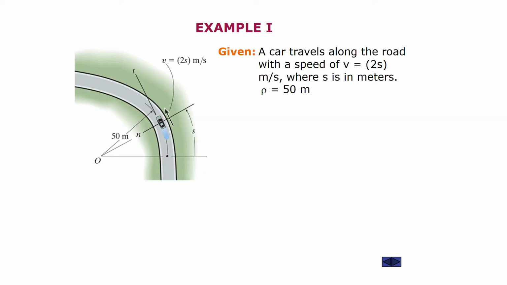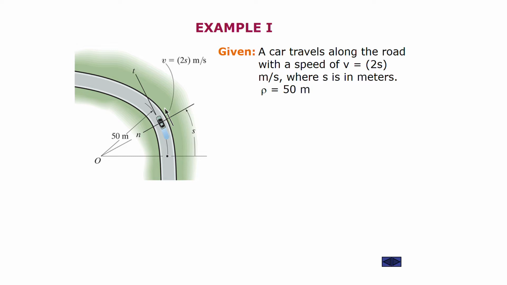Now here there is a working example. A car travels along a road with a speed of v equals 2s. From here you can take the derivative of v with respect to s, or dv over ds, where s is in meters.